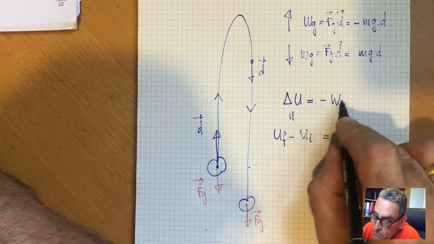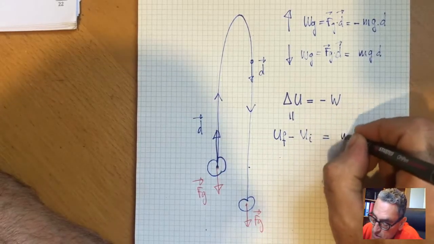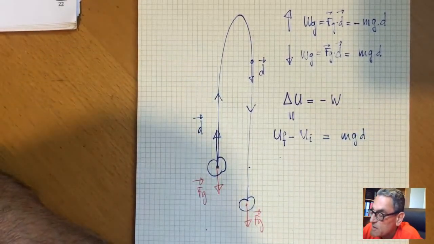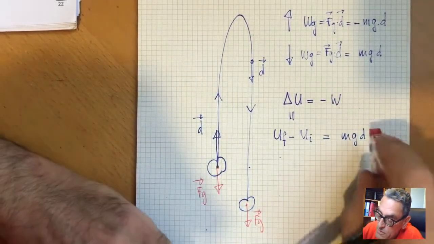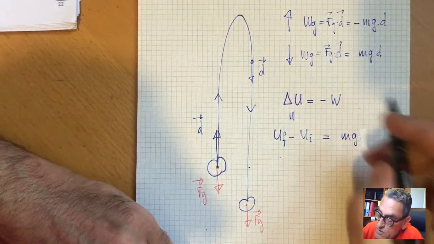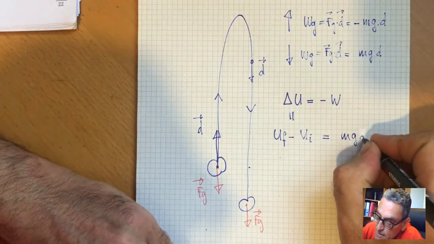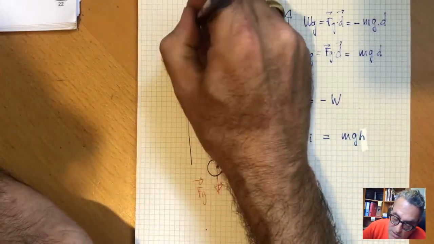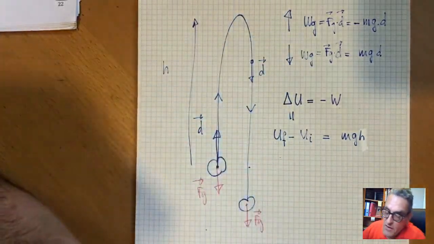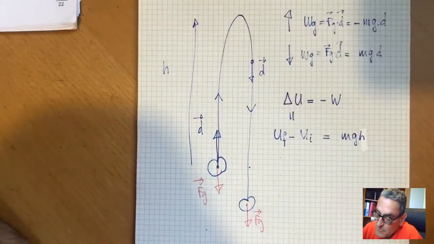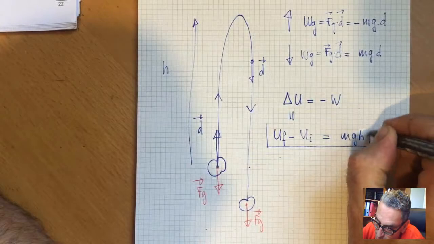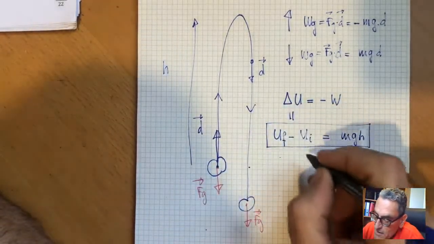So if I take a minus sign, this is going to be mgh, where h is the height. Let's say this is the height of this motion. Now let's look at this.